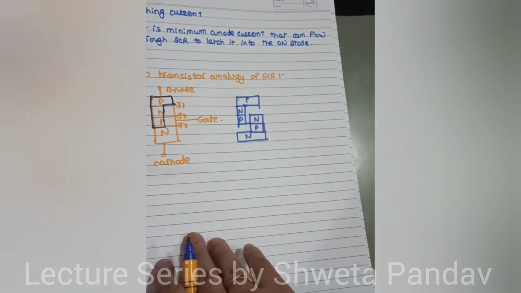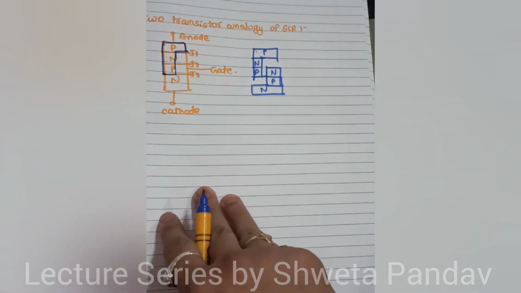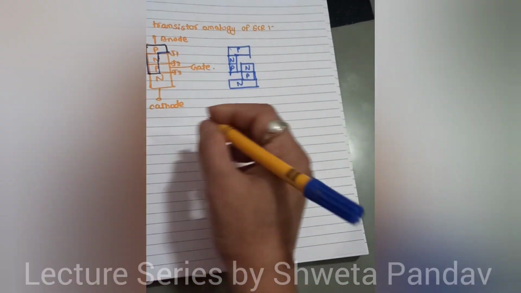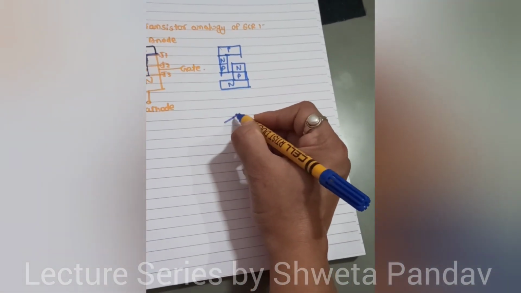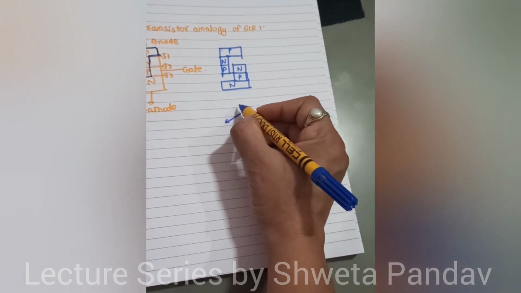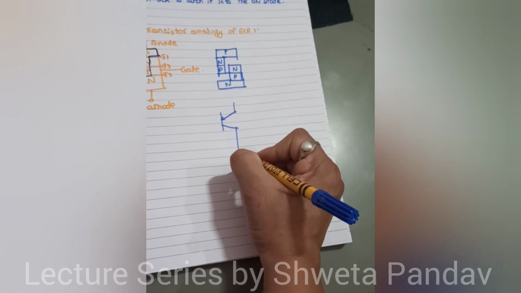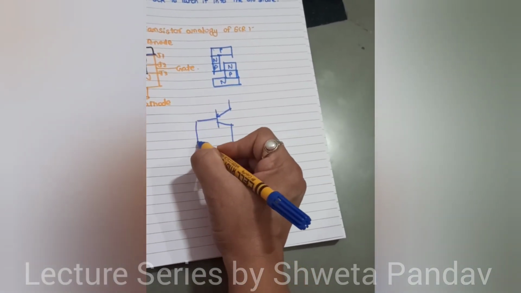And if I replace this PNP and NPN structure with two transistors, it will look like one PNP transistor and one NPN transistor.